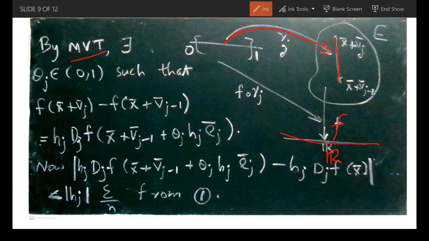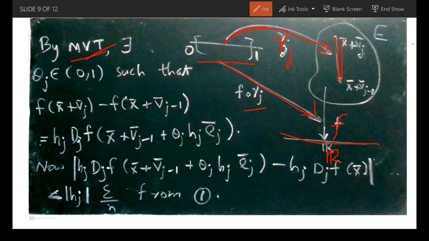And gamma j is the parameterization. So you have the interval 0, 1, and gamma j maps this interval 0, 1 to this line segment. Now take the composition, f composite gamma j. That means the value of f along gamma j. That is a real function defined on the closed interval 0, 1. So now you can apply mean value theorem.